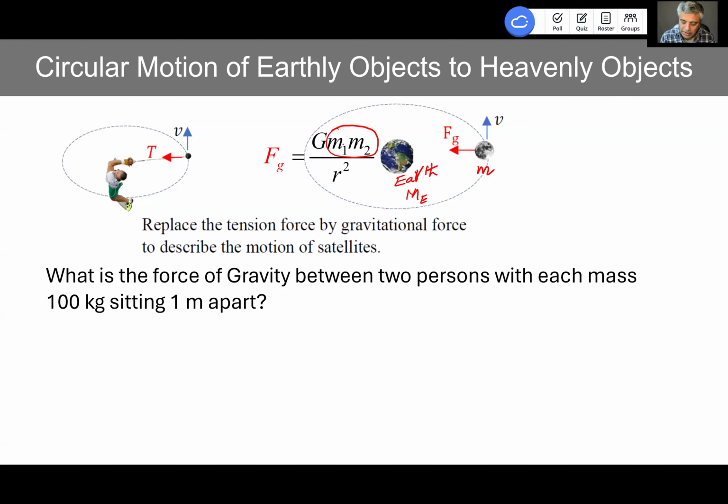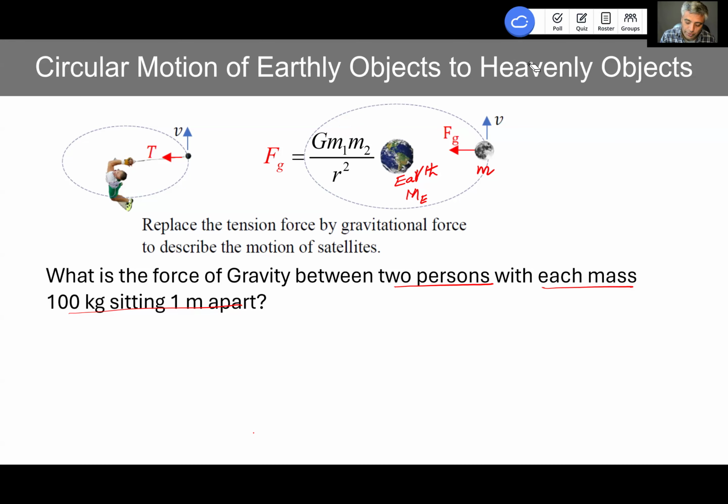So it's the force between any two masses. For example, I have a fist here, I have another fist here. According to this equation, there is a force of gravity between these two fists. In a class, there may be two persons sitting next to each other. We can calculate the gravitational force between them, okay, using this formula.